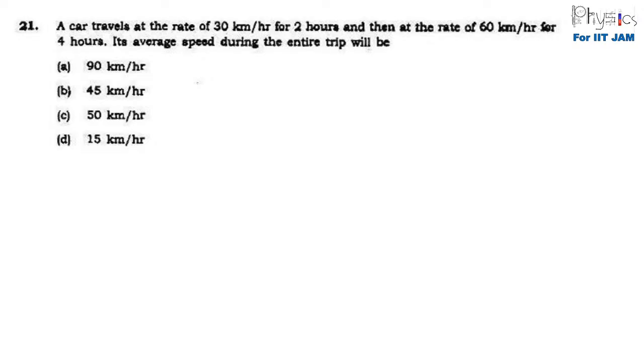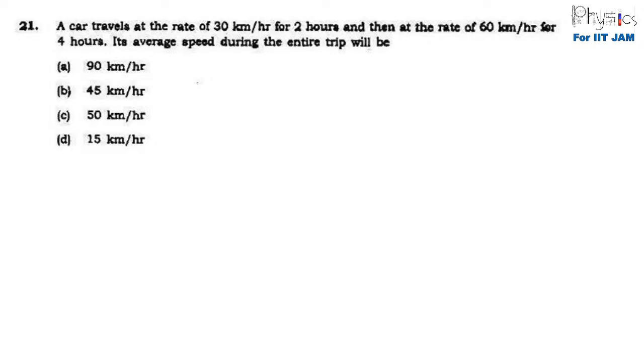Is it option A, B, C or D? 90 km per hour or 45 or 50 or 15? Okay, hi Shagoto.